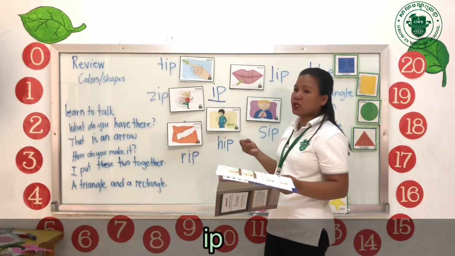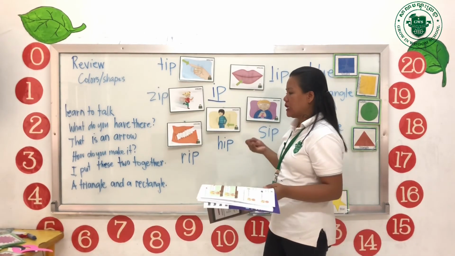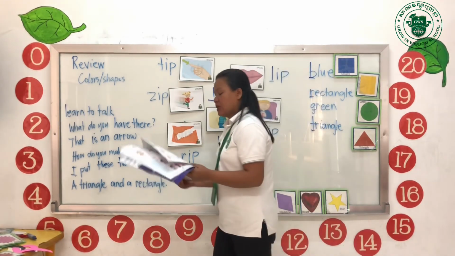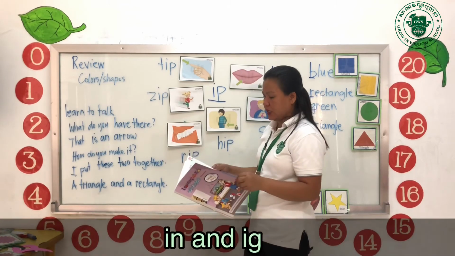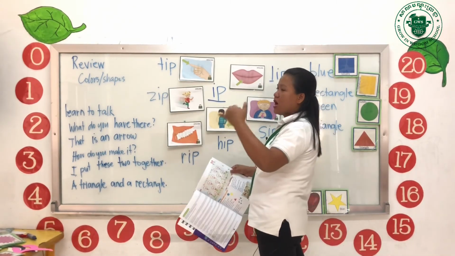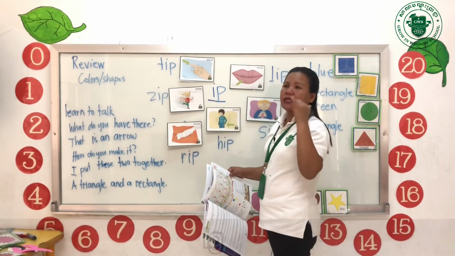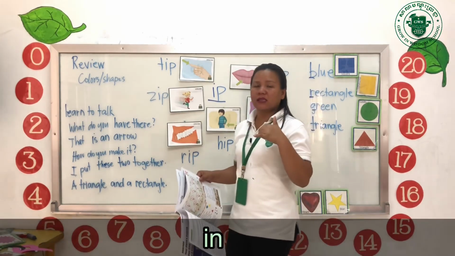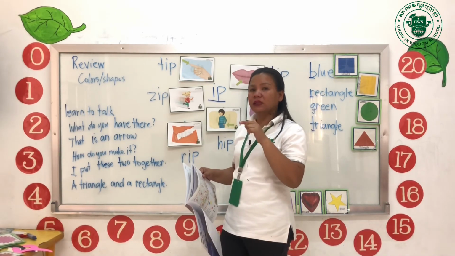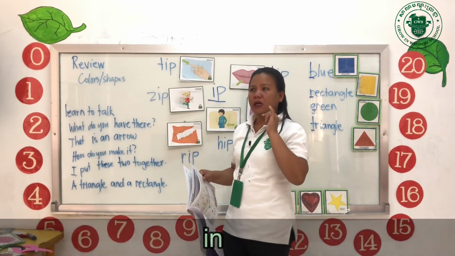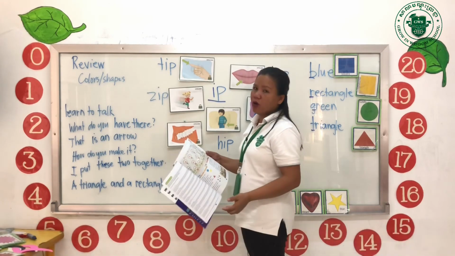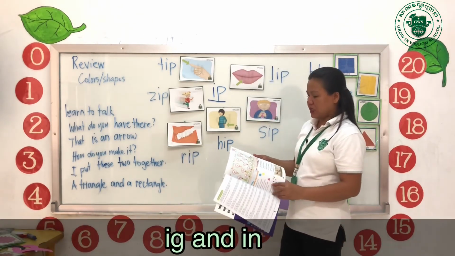Before, we already finished with the sound of in. Yeah, in, and the other one is here, in and ig. Okay. Ig, like the sound of IG, that is ig. The sound of IN is in. Ig, ig, ig. That is the sound of ig and in.